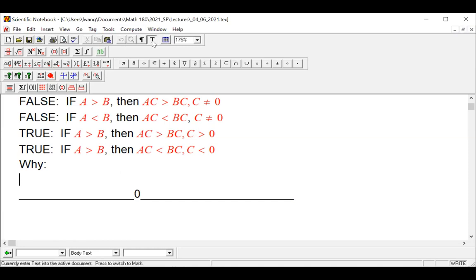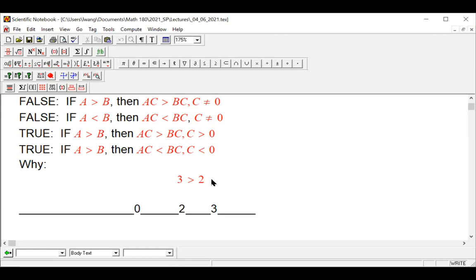Could I say 3 is larger than 2? Yeah. 3 is larger than 2, right? Suppose this is 2 and that is 3. 3 is larger than 2. Does everybody agree with me? Sure, that's obvious.